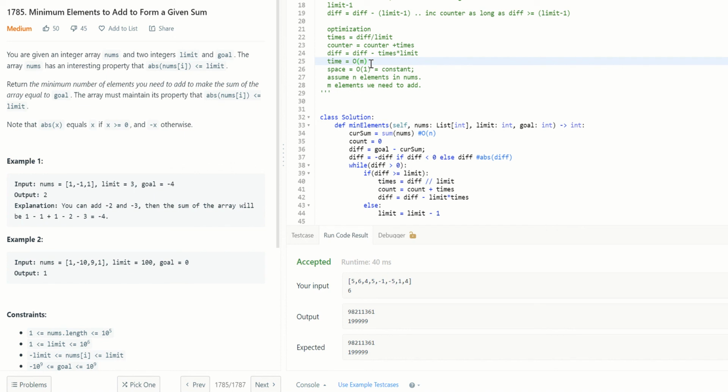But in any case, if all of those are in a decreasing order of elements, then we will say order of m. That's how we will be defining the time complexity. So for now, we will say order of m will be the time complexity, which will be the minimum number of elements to be added. It will be roughly equal, but it is not exact. Again, please keep that in mind.